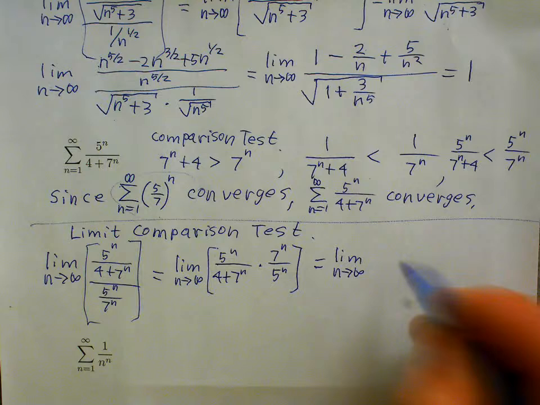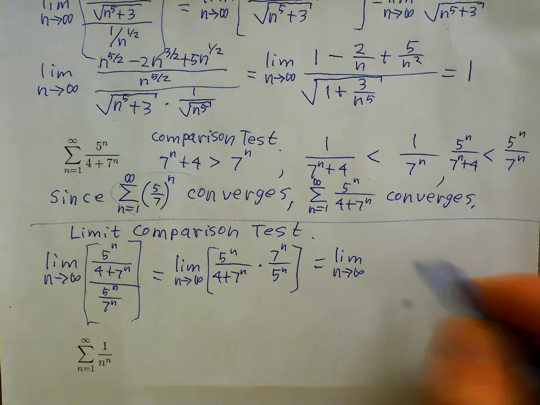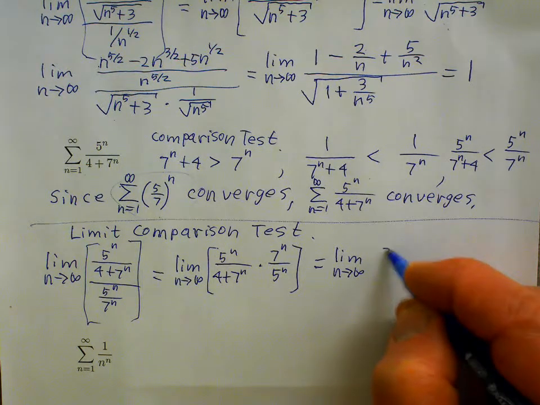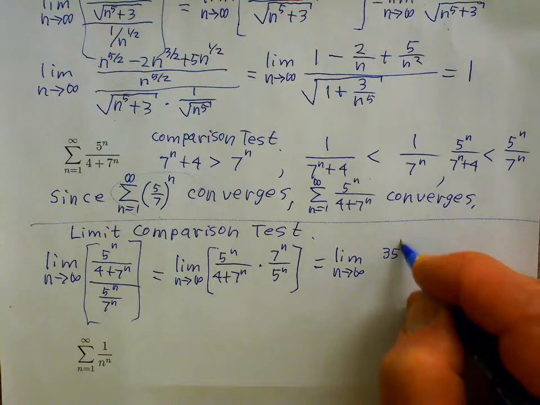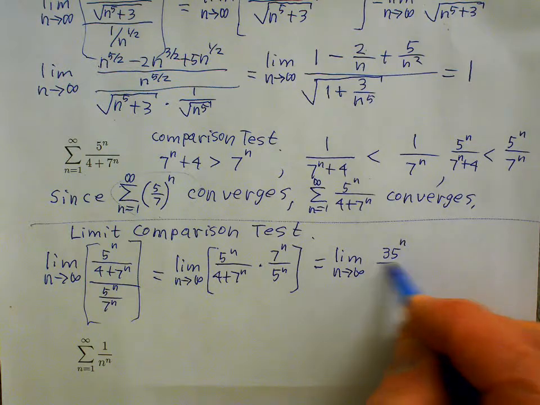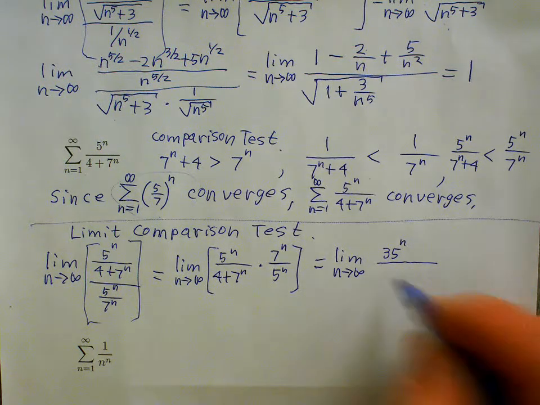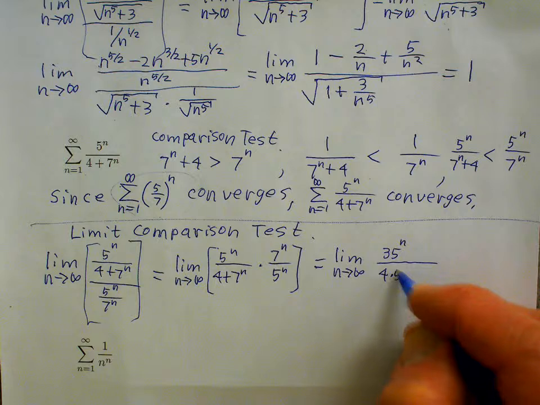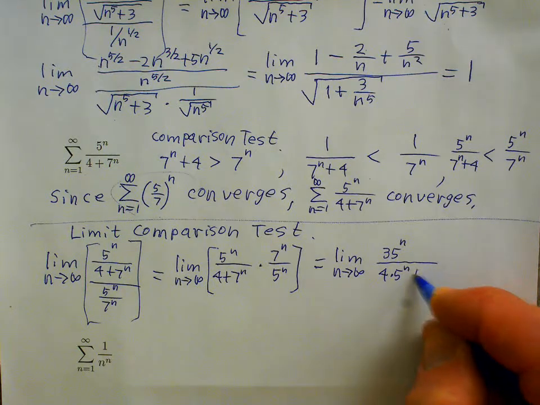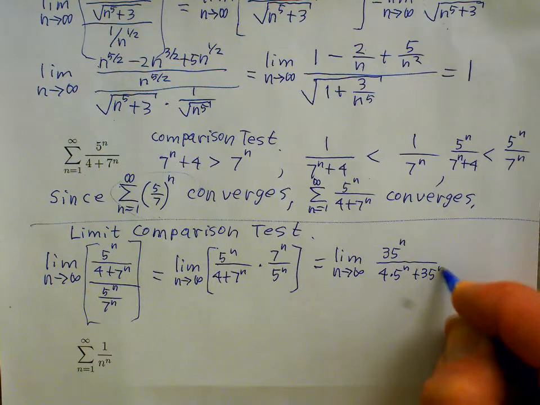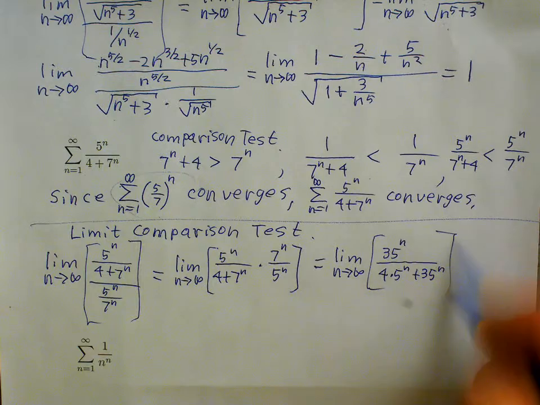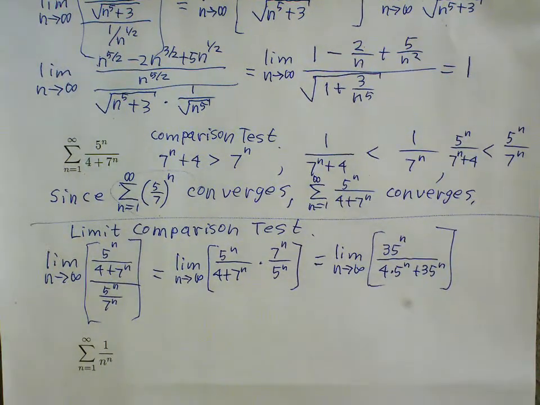In the numerator, 5 to the n times 7 to the n is equivalent to 35 to the n. And in the denominator, we get 4 times 5 to the n plus 35 to the n. Now what?